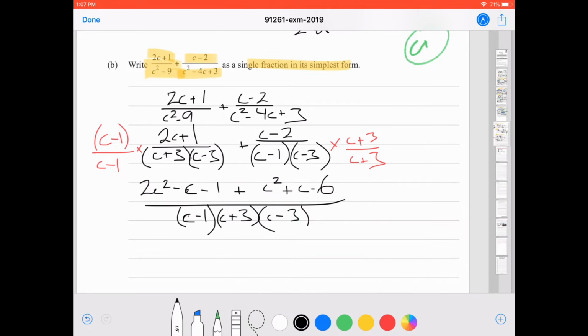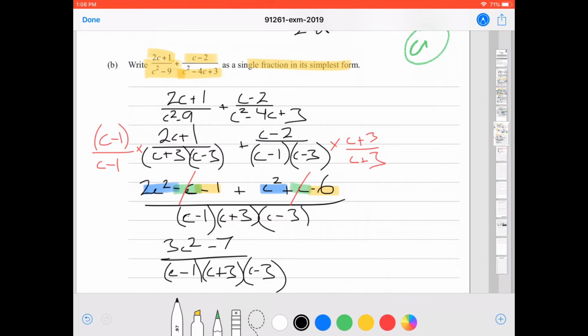We can collect like terms on the numerator. We've got our c squareds, our c's, and our integers. So we end up with 3c squared. The c's cancel out, and minus 1 minus 6 is minus 7, and this is all over c minus 1, c plus 3, c minus 3, and there's no real need to expand these brackets.